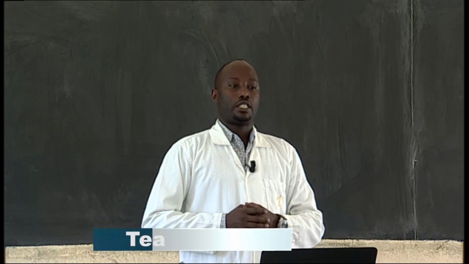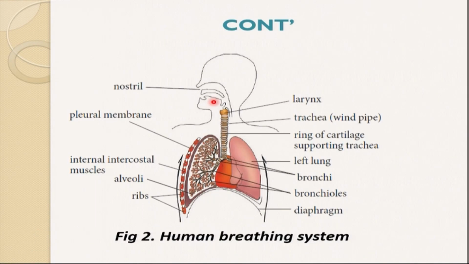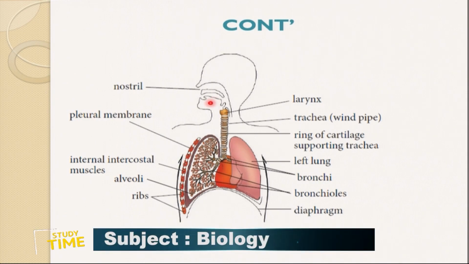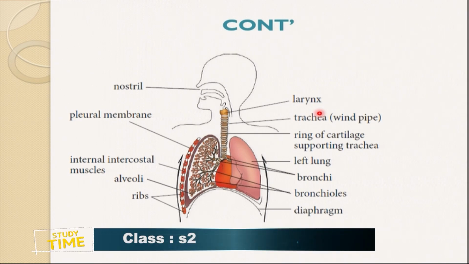Let's see the structure of the human breathing system. We have a very good diagram illustrating it. Let's go through the diagram and try to see. We have the nostril. We have the pleural membrane. We have the larynx. We have the trachea or the windpipe. We have the rings of cartilage.